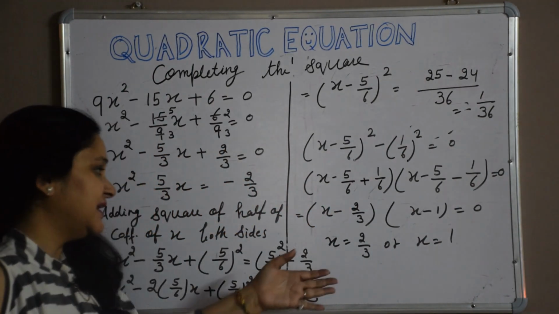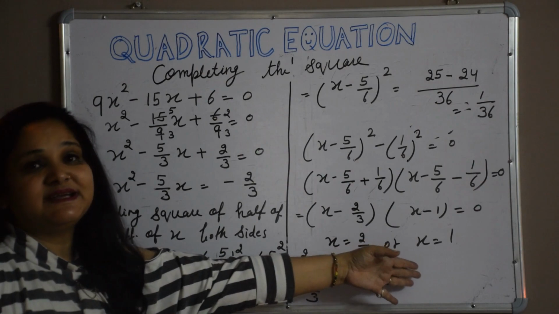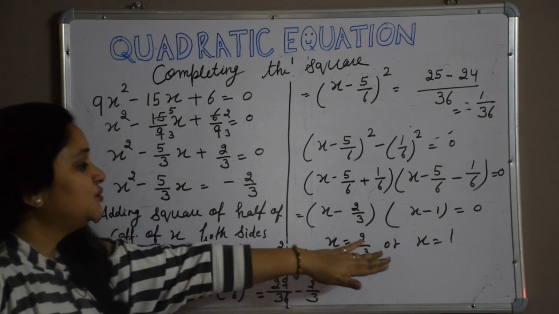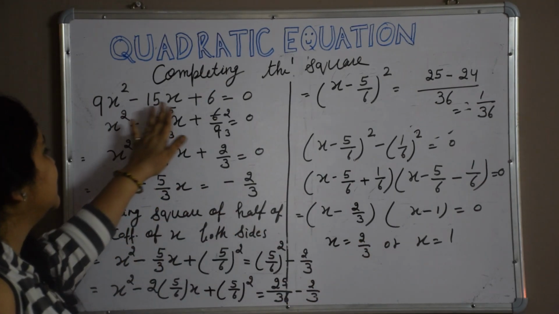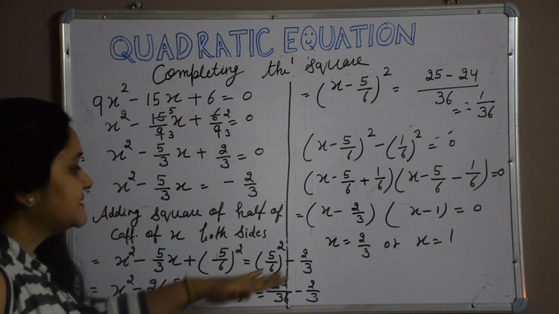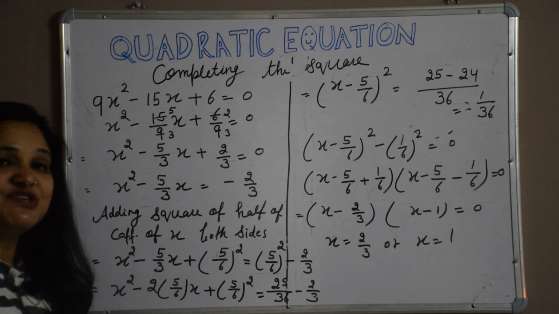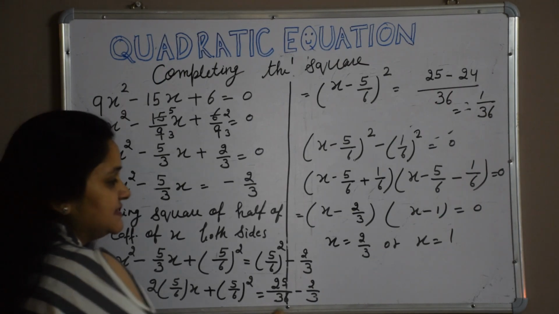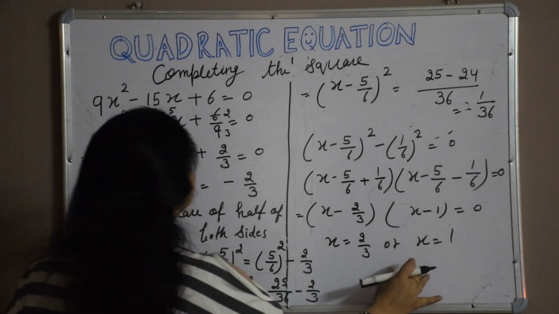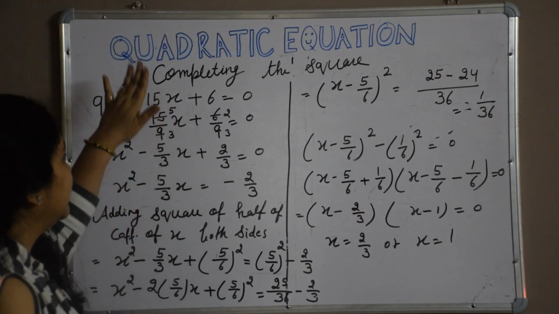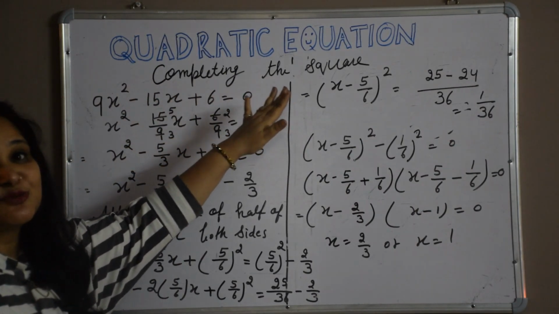So two roots are x is equal to 2 by 3 and x is equal to 1. These two values of x satisfy the given equation, meaning these two values make the value of the given quadratic equation equal to 0. So these are our roots, and this method is called the completing the square method.